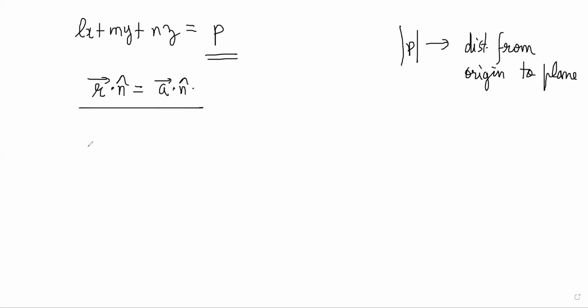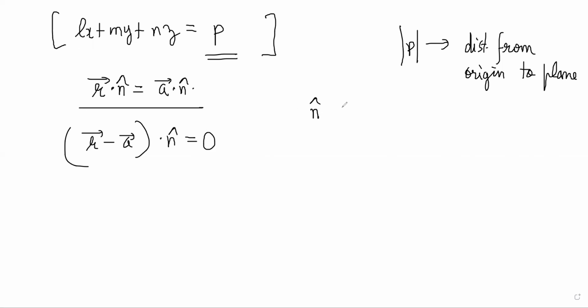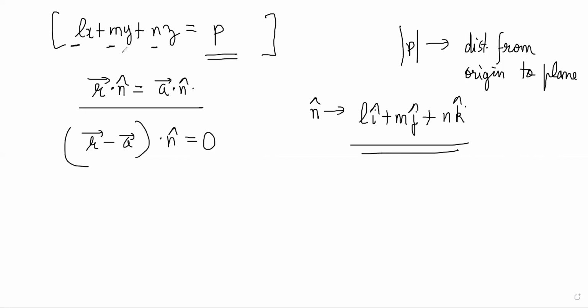When we did the vector equation, r minus a dot n cap is 0. Both of these are equivalent things, just written in a different way. Here n cap's direction is Li plus Mj plus Nk. The direction cosines of the normal were L, M, N. Is it clear?